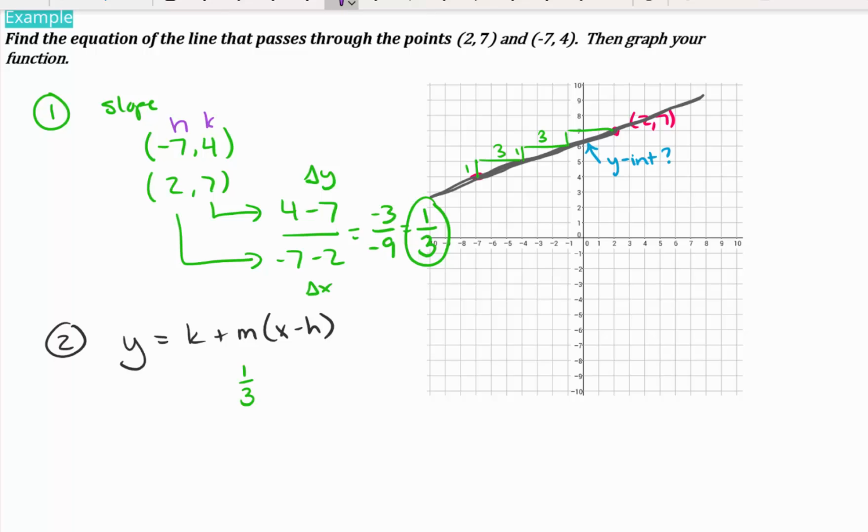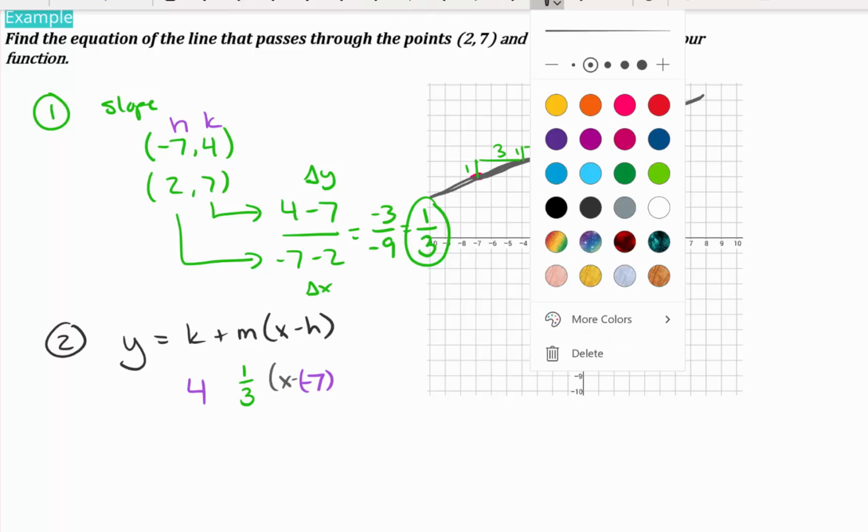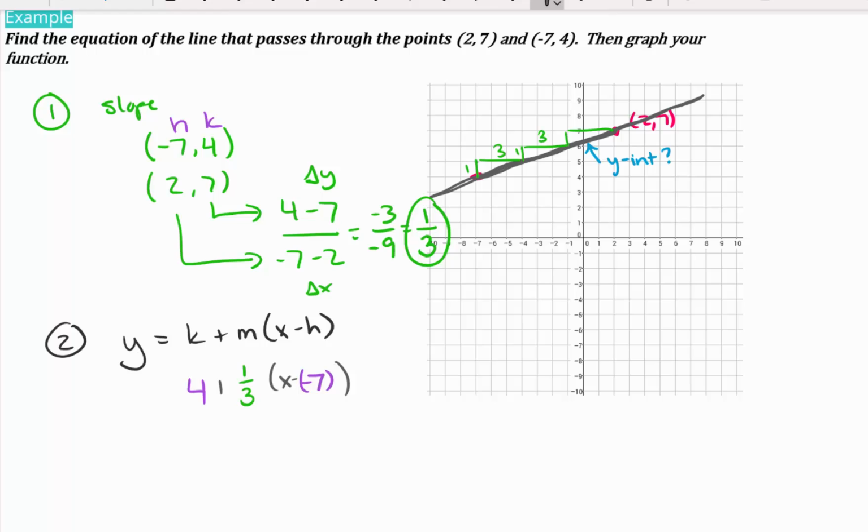I'm going to pick h to be negative 7 and k to be 4. So k is 4 and h is negative 7. And we'll just fill everything else in. So x minus negative 7. Probably should have put that in parentheses. And then we have the 4 plus 1/3. So we're just replacing our known values.